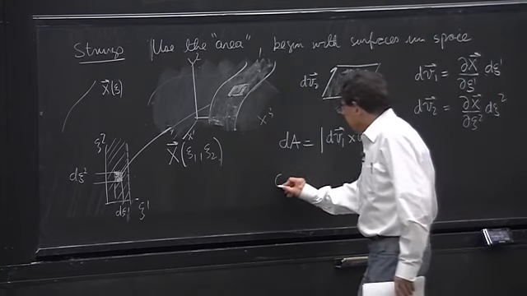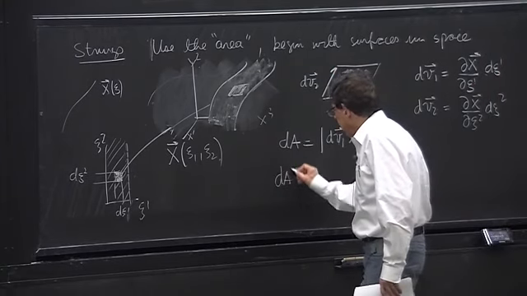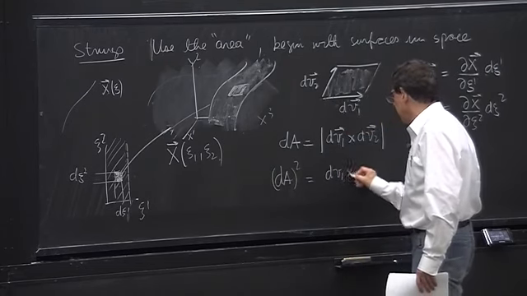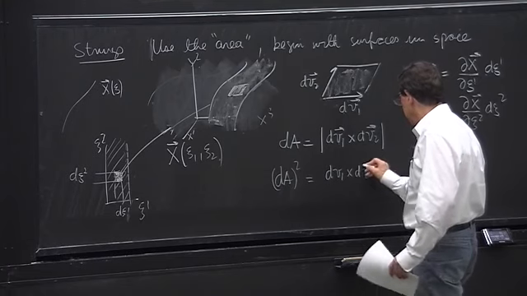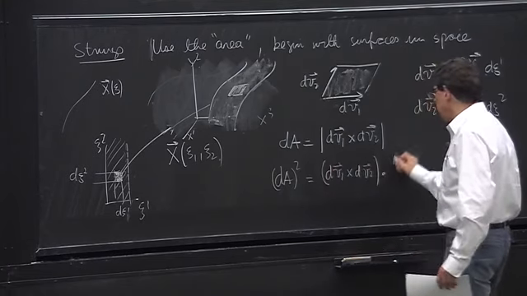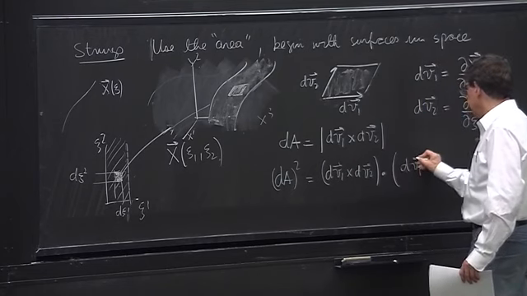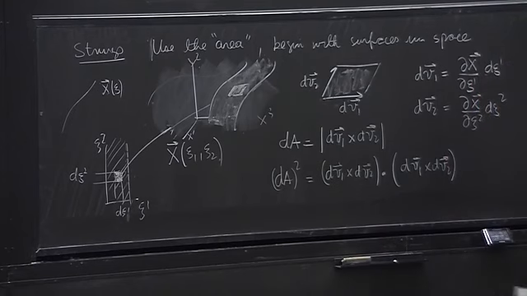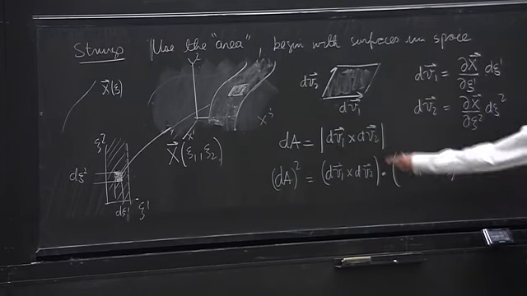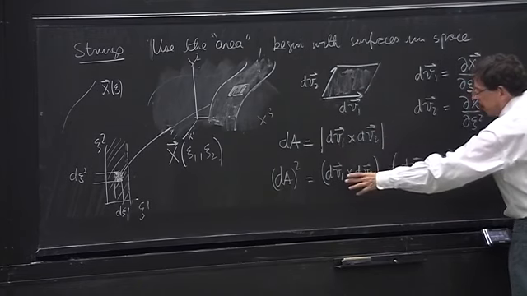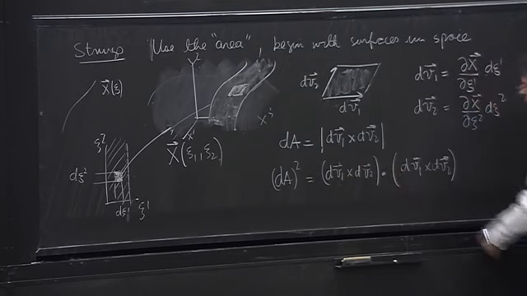Better to write the area squared as dv1 cross dv2 dotted with dv1 cross dv2. So the square is that you have the norm here, but to just get the norm in an easy way, we'll just square and do this.